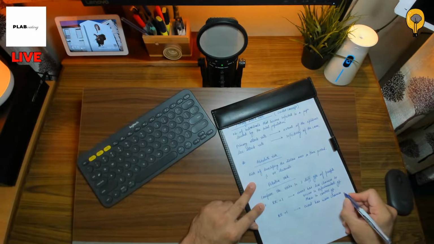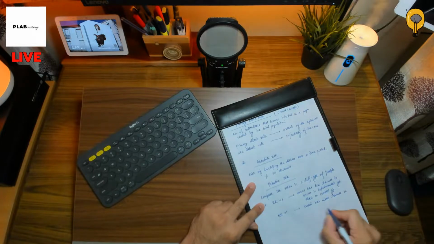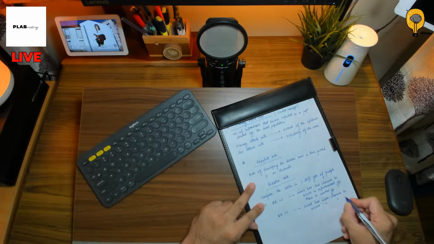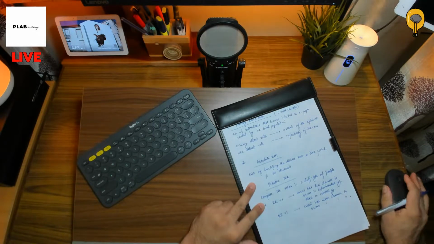Relative risk more than 1: the event has more chances to occur in the experimental group than in the control group.